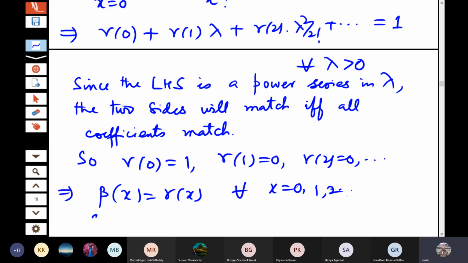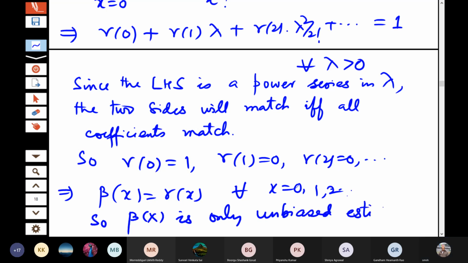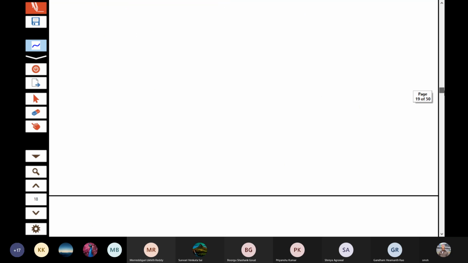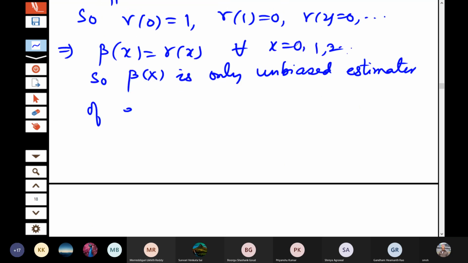So basically it means that beta x is the only unbiased estimator. So beta x is UMVU. So in this case, actually a unique unbiased estimator exists and therefore the problem becomes very, very simple. Is this example clear? Yes, sir.